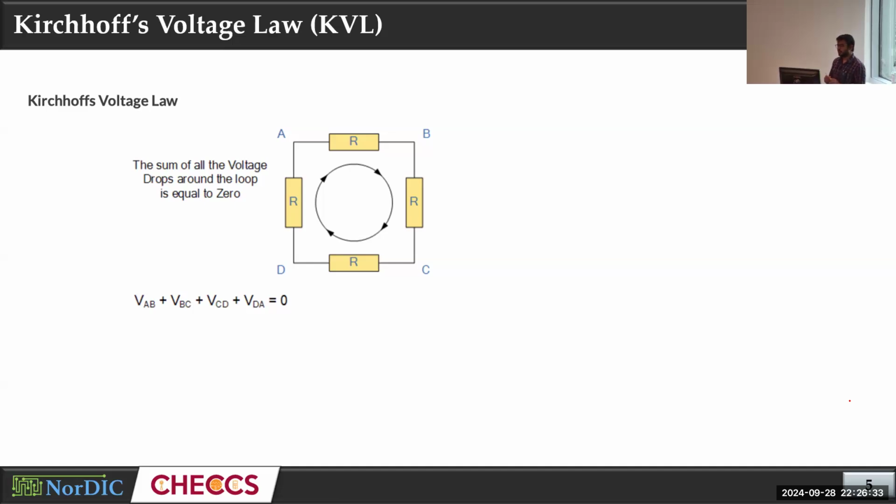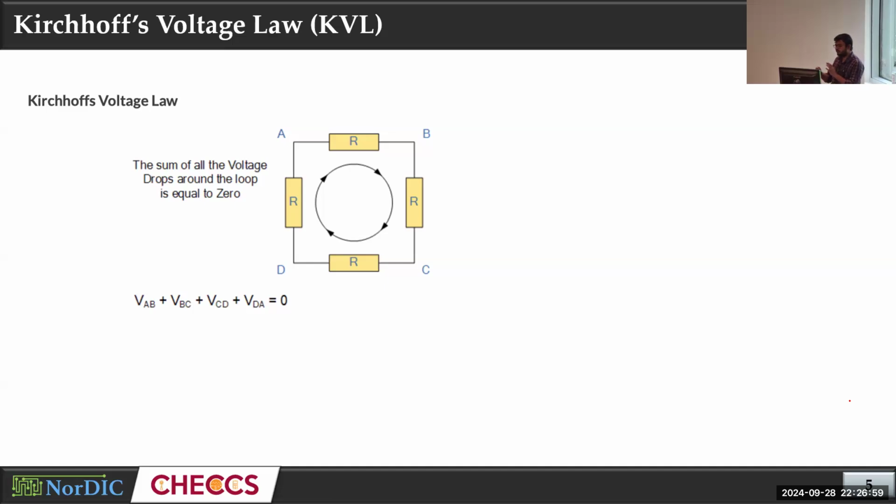The voltage can be positive or negative, and we know that from the polarity of the voltage, right? So the sum mentioned here is an algebraic sum. We have to consider the sign. If the voltage is positive, we write plus and the value, and if it is negative, we write minus and the value.